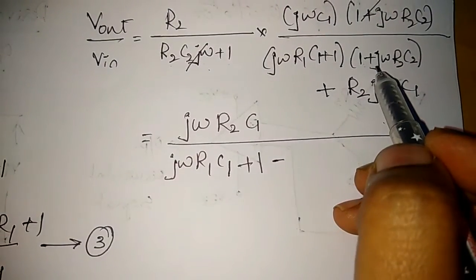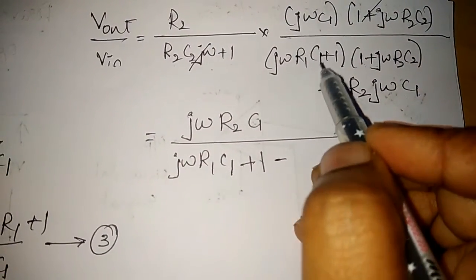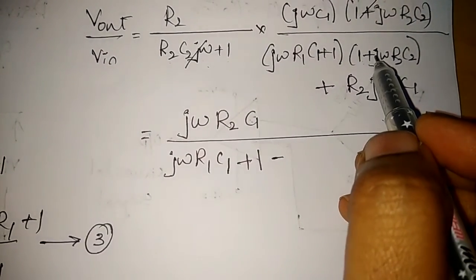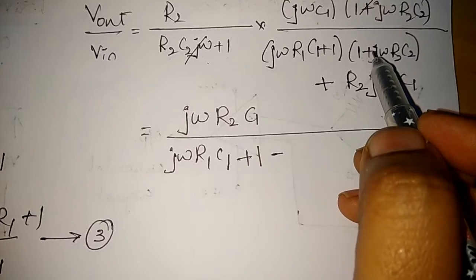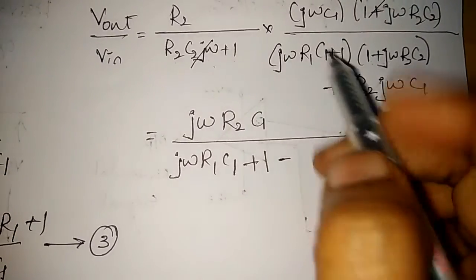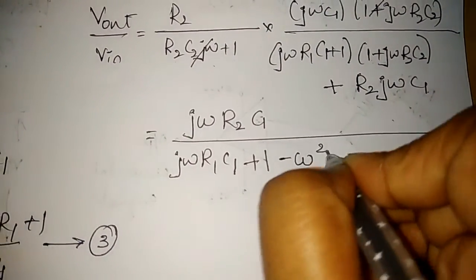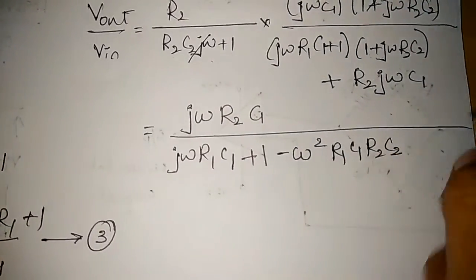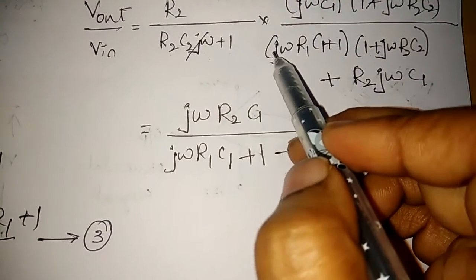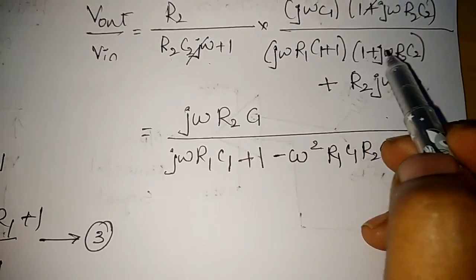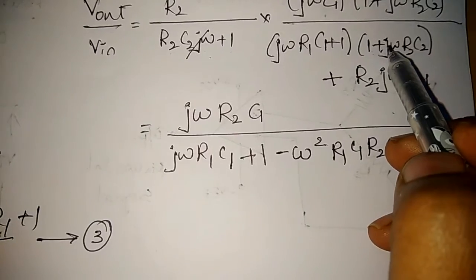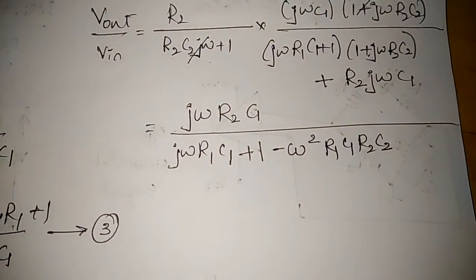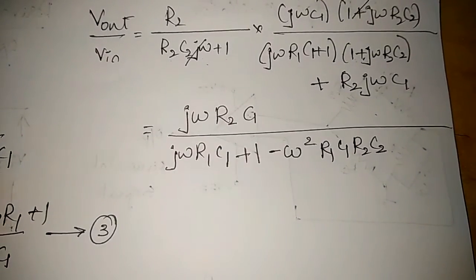Now this is j omega R1C1 into j omega R2C2, so this will become j square. J square is nothing but minus 1, into omega square R1C1 R2C2. This j and j get multiplied, so it becomes j square, which is minus 1, omega square into R1C1 R2C2.